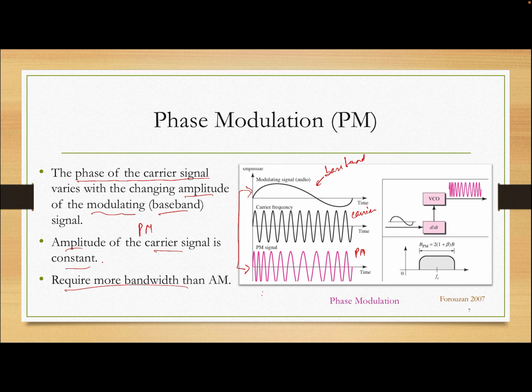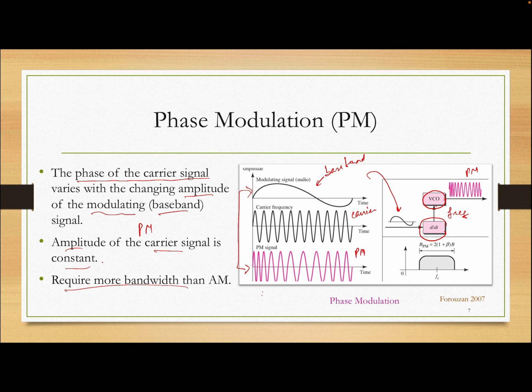Now let's look at how to make PM in the device. This is your baseband. You have to differentiate first, because when you differentiate the phase, you get frequency. After you differentiate the phase, you get frequency. Then the input frequency goes into the VCO, the voltage controlled oscillator.